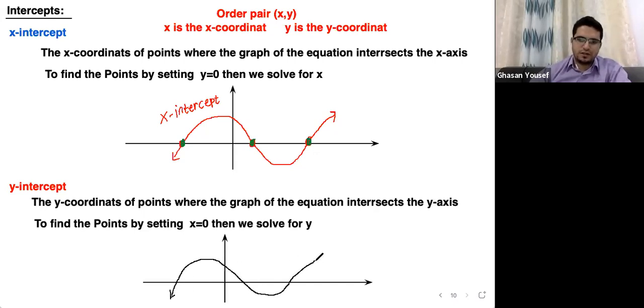The point where the function intersects the y-axis, here, is called the y-intercept.